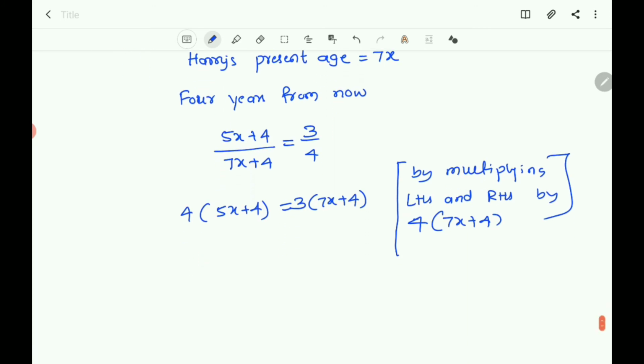Then you multiply each term by 4 in the LHS and each term by 3 in the RHS. Then it becomes 4 into 5x, that is 20x. 4 into 4 is 16. That equals 3 into 7x is 21x, plus 3 into 4 is 12.